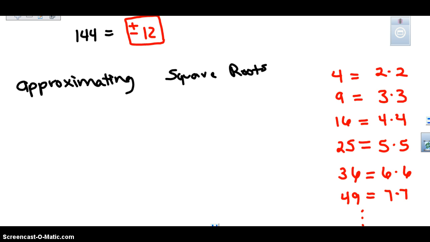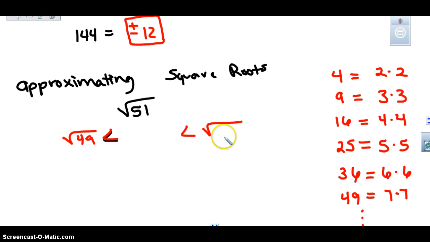So let's say we have to approximate the square root of 51. Is 51 a perfect square? No. Okay, but 51 is greater than 49, right? So 51 is greater than 49, but it's less than 64, the perfect square that comes after.